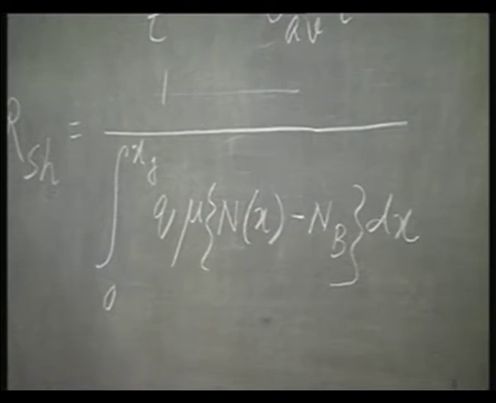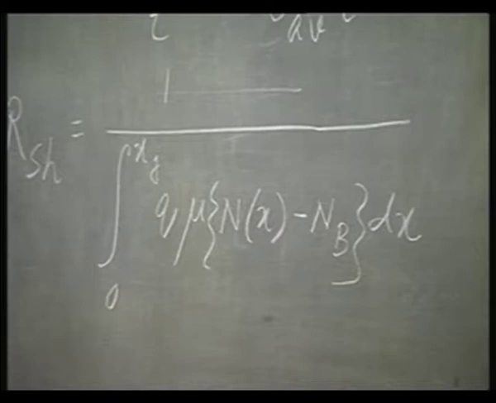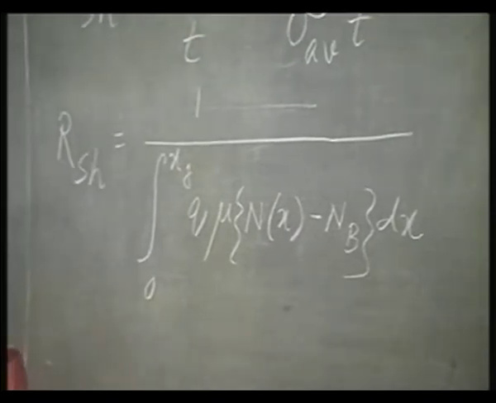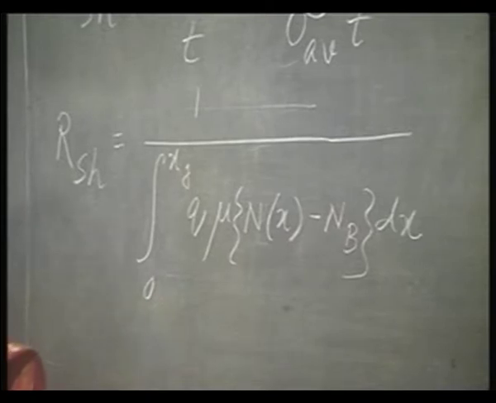Okay. So, you see I have measured the sheet resistance, I know the junction depth, I have already measured the junction depth. So, can I solve this equation and get the value of the surface concentration?